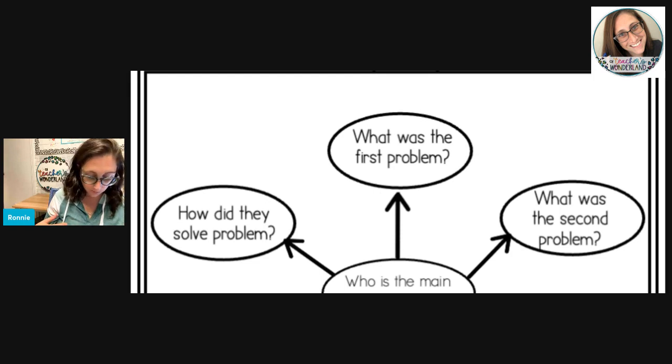So what is the second problem in the story? Well, this really isn't a big problem because she doesn't even know it's a problem yet, right? Like the little girl doesn't even realize that the wolf is following her and kind of stalking her in a way.